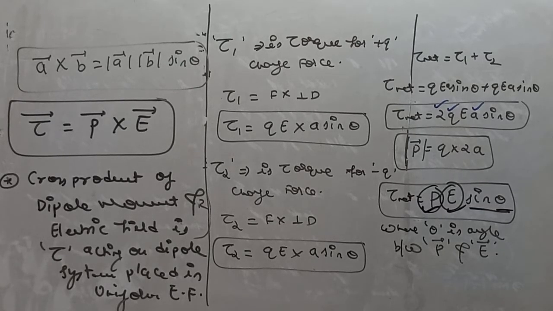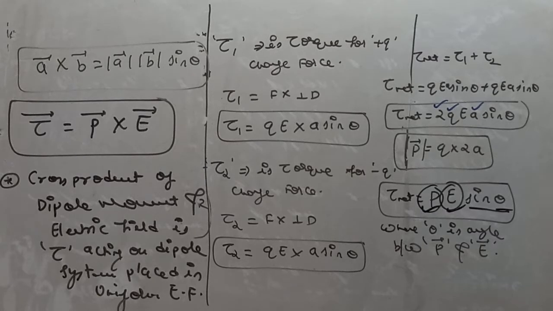It is tau net is equals to Pe sine theta, where P is dipole moment, E is electric field, and in sine theta, theta is angle between dipole moment and electric field. This formula is also right to be tau vector is equals to P vector cross E vector. As we know the relation of cross product, it is A vector cross B vector is equals to magnitude of A, magnitude of B and sine theta.